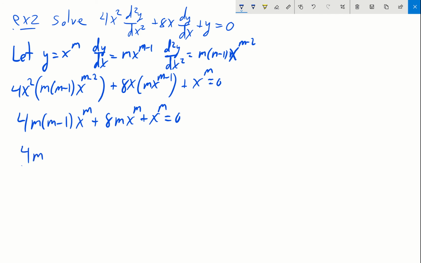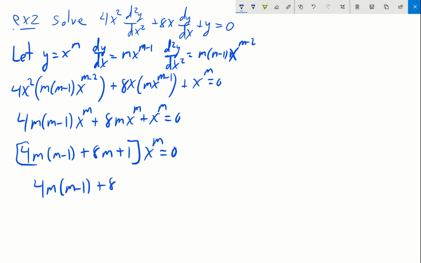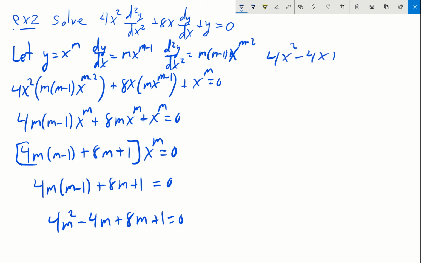We factor out the x to the m, and so we get the following auxiliary equation. 4m times (m minus 1) plus 8m plus 1 equals 0. That is 4m squared minus 4m plus 8m plus 1 equals 0. That is going to be 4m squared minus 4m plus 1 equals 0.